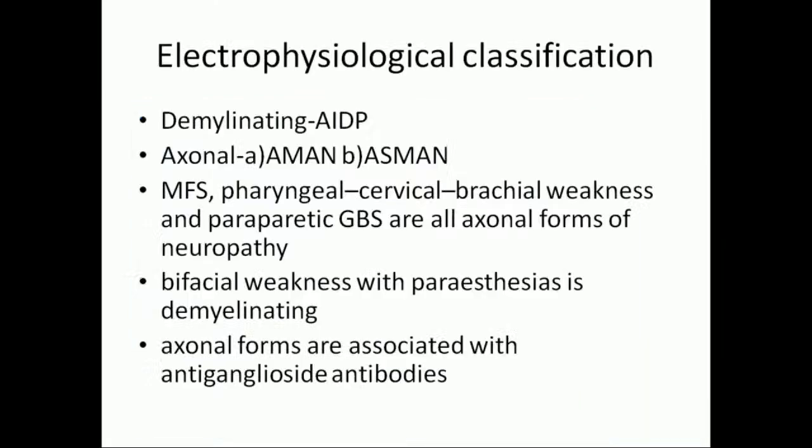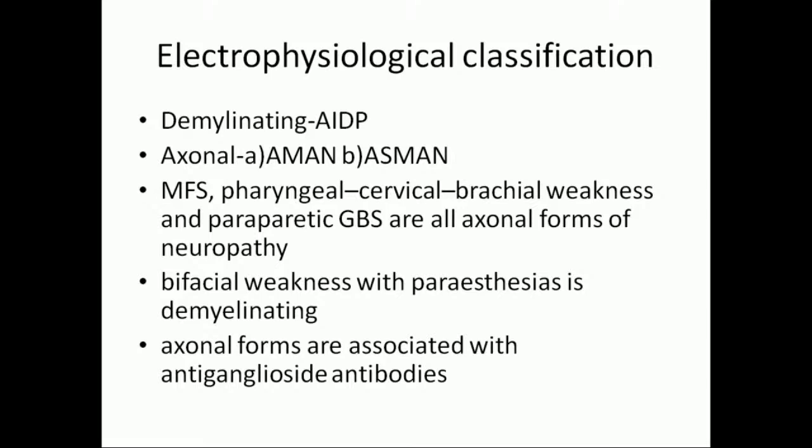Now there is a second way to classify GBS, and it is the electrophysiological classification. So we do nerve conduction study and electromyography in patients of acute flaccid paralysis, and depending upon that we can classify them as demyelinating and axonal. Demyelinating means it affects the myelin sheath, and axonal means it affects the axon.